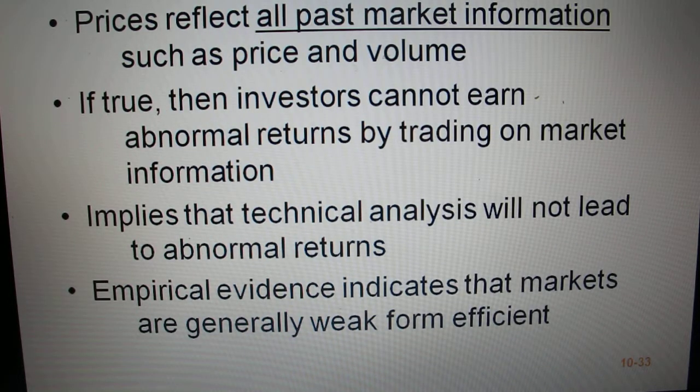And finally, weak form efficiency. Here, prices reflect all past market information, such as price and volume. And if this is true, then investors cannot earn abnormal returns by trading on market information. This implies that technical analysis will not lead to abnormal returns. Empirical evidence here indicates that markets are generally weak form efficient.